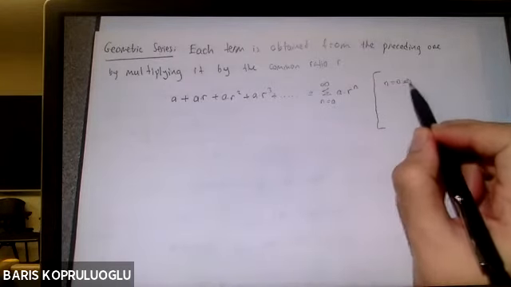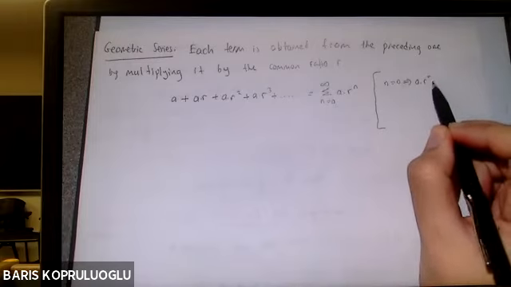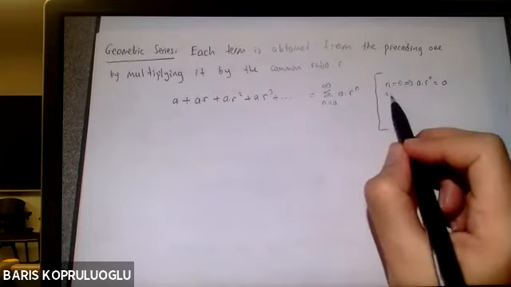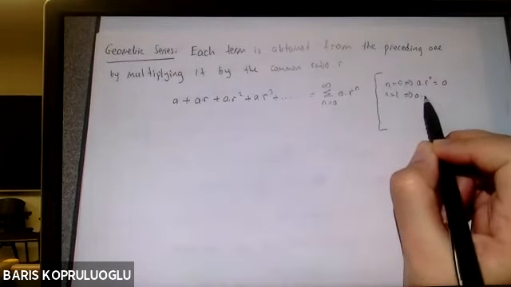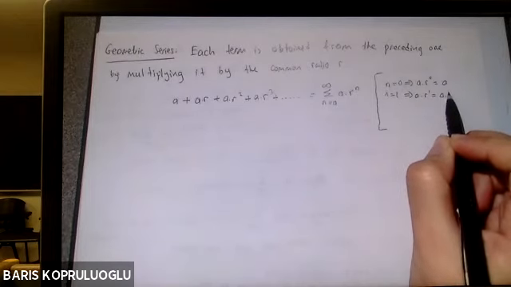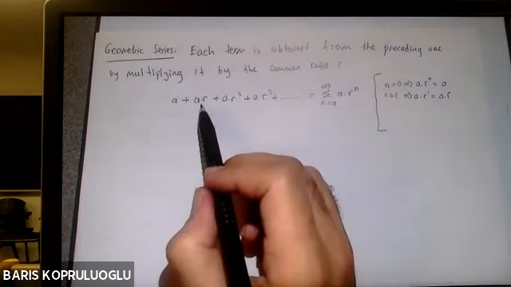When n is 0, a times r to the power of 0 gives you a, which is your first term. When n is 1, a times r to the power of 1 gives you a times r, which is your second term.